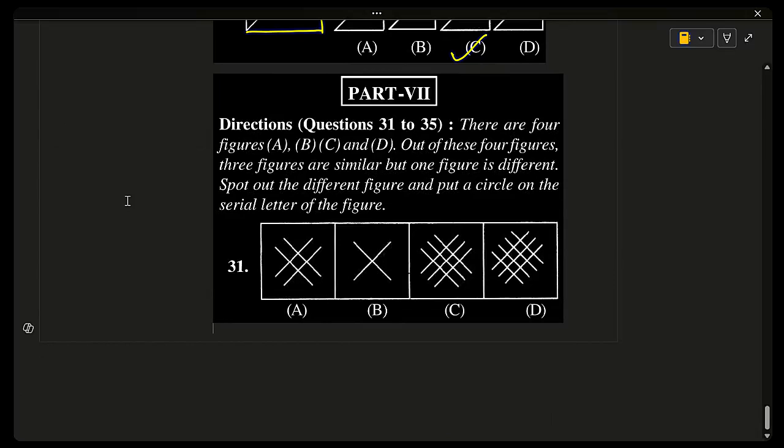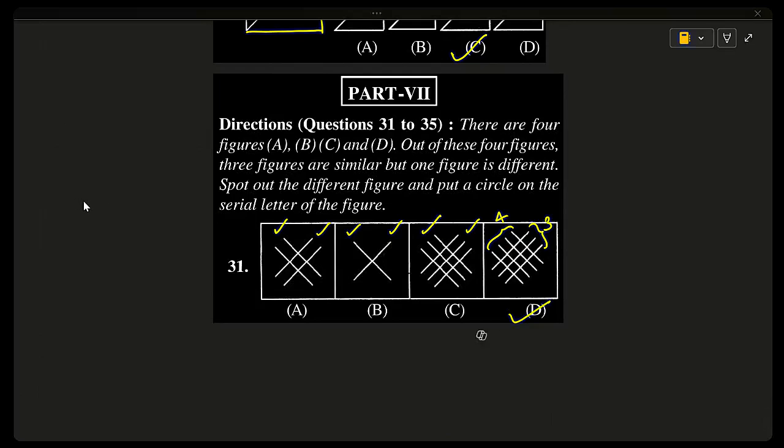See this one: two lines, one line, 3 lines, 3 lines. In options A, B, C, the number of lines matches. But in option D there are 4 lines here and 3 lines here, not matching. So the odd one out is option D. In every other option they are equal in number, but option D is different.